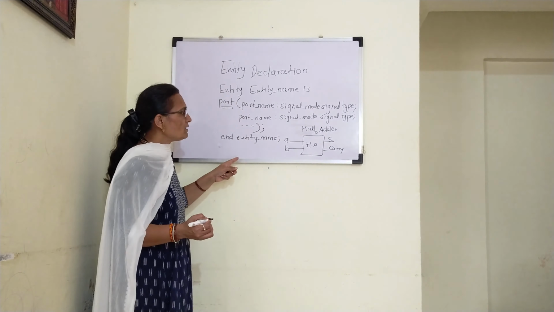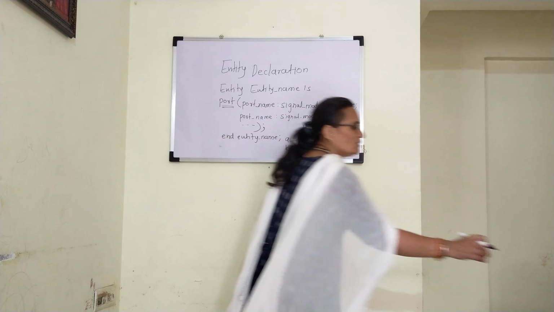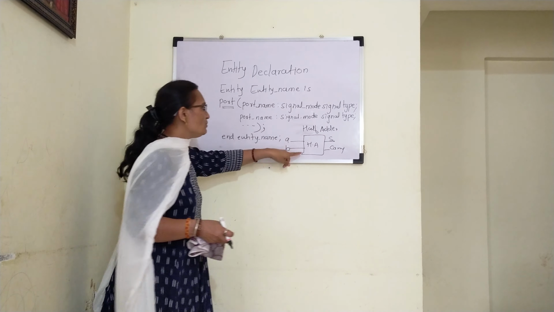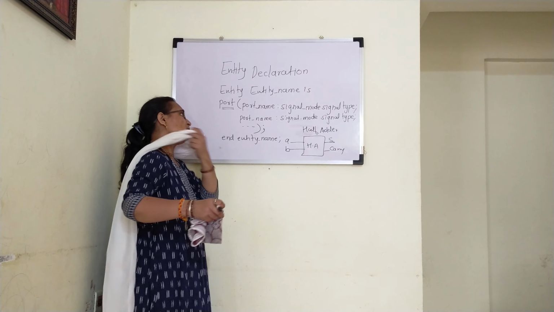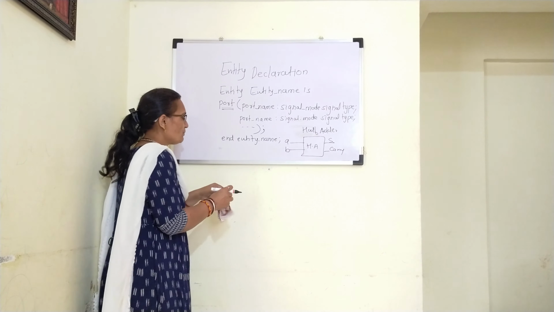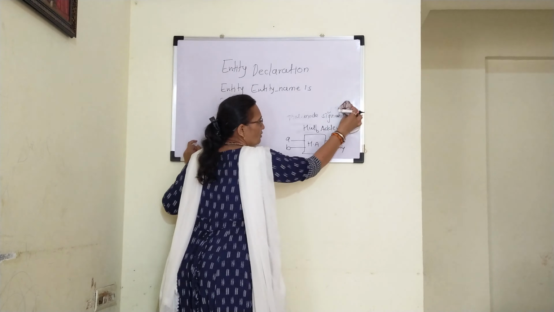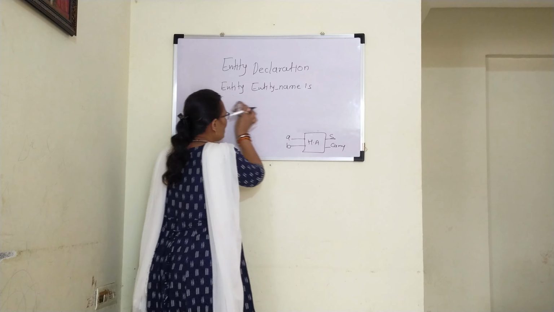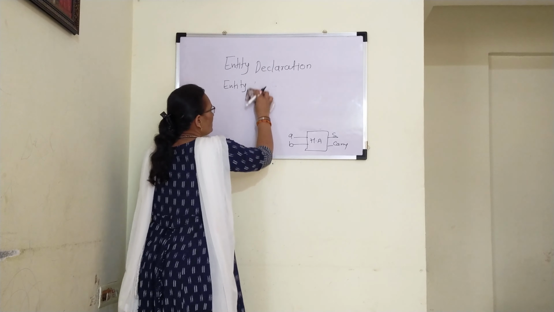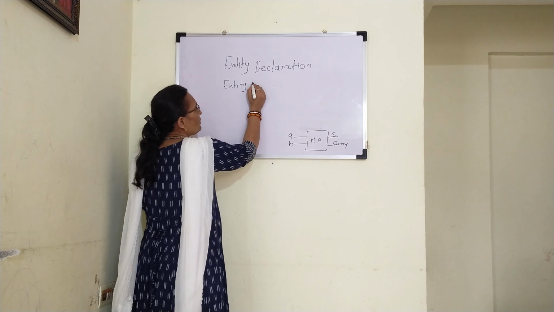Let us see how we are going to write the entity for this half adder. Just take this very simple example of the half adder. This is my half adder. I will write here: entity half adder.